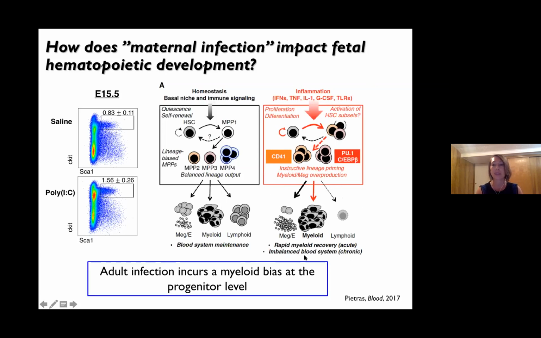And this is done to, again, support rapid myeloid recovery in the context of adult infection. But I want to highlight that adult infection in almost every case incurs a myeloid bias, not only at the progenitor level, but now we know also at the HSC level.